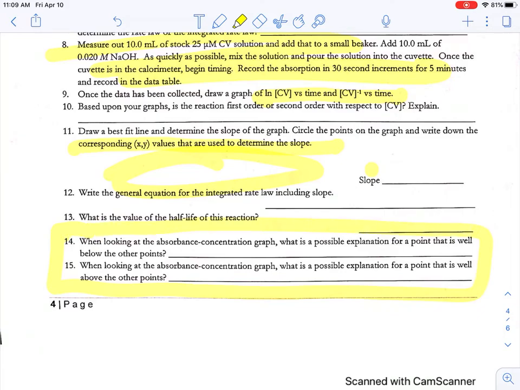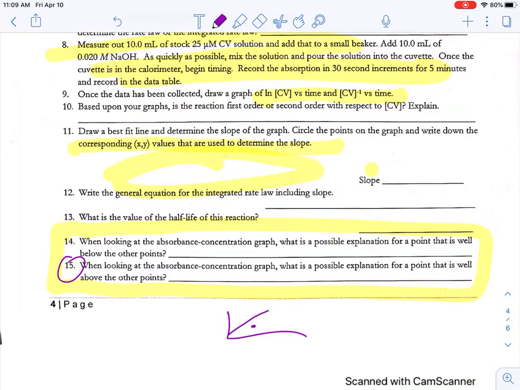Let's say that you graph everything, but you get a point that's well below the other points. In other words, when you look at this graph and you get a line like this, and one outlier point that's way down here, what could have happened?